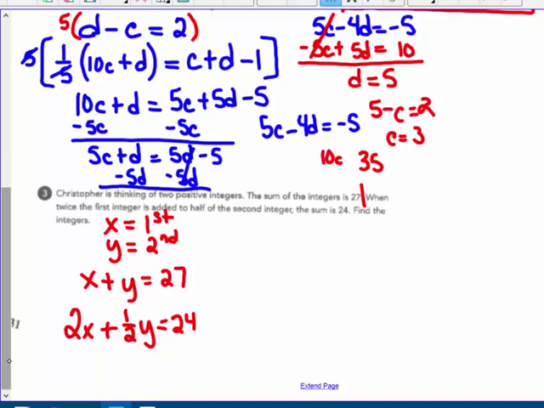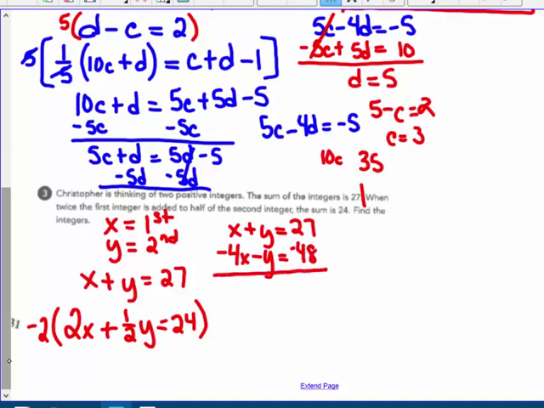I could multiply this one by -2. Let's get the y's to cancel. So x plus y equals 27, that's remaining. -2 times 2x is -4x. -2 times a positive 1/2, well, 2/2 makes a whole, which is going to give me a -y equals -48.